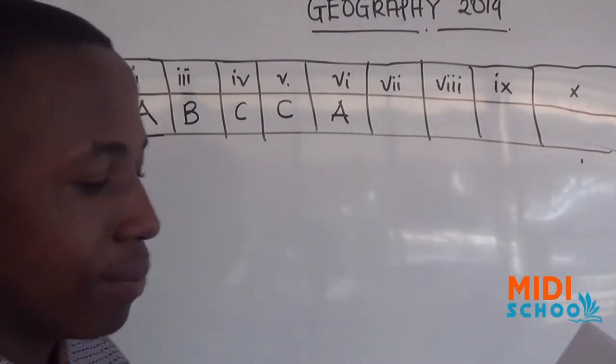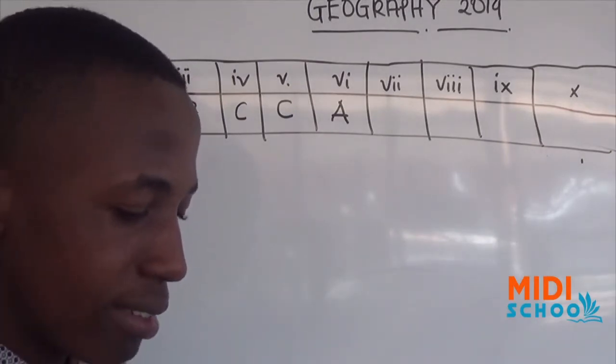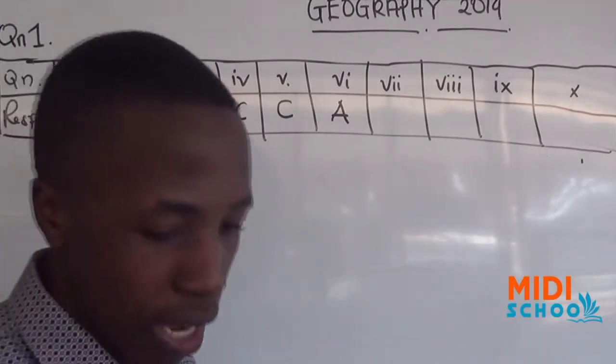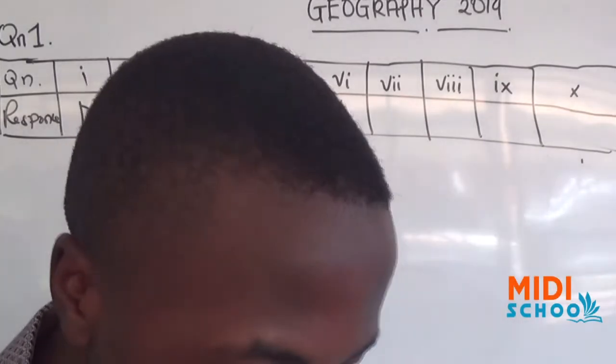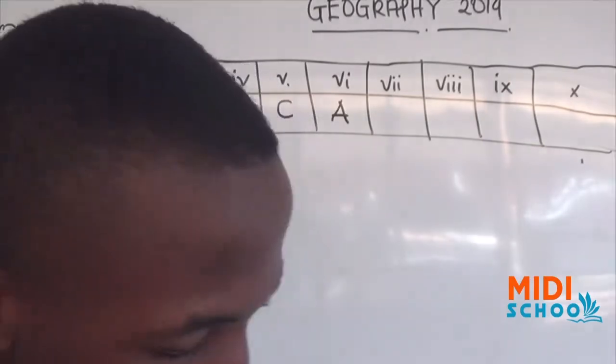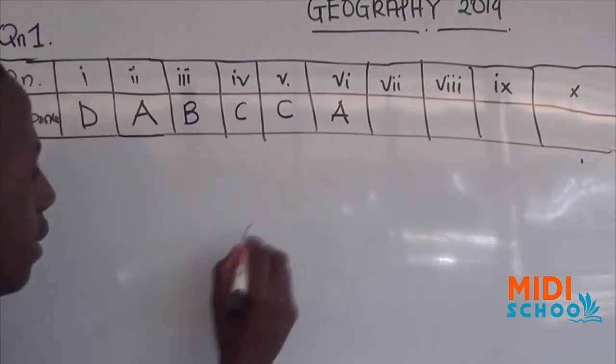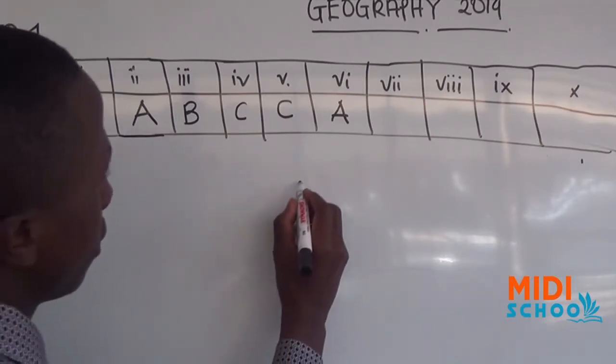Number 7 asks: when does summer solstice in the southern hemisphere occur? It goes like this.